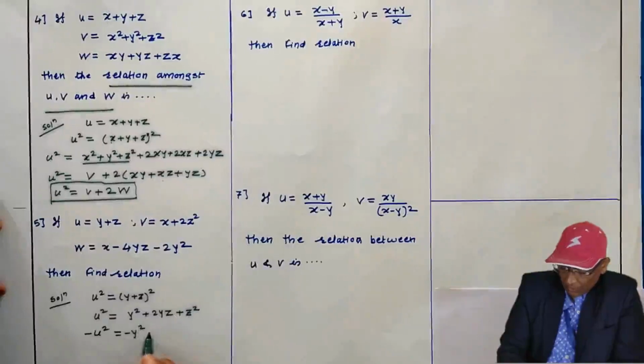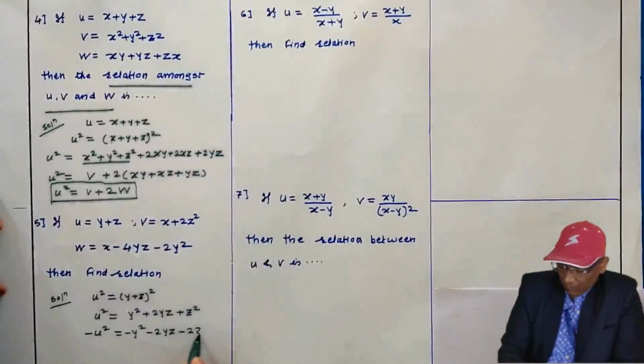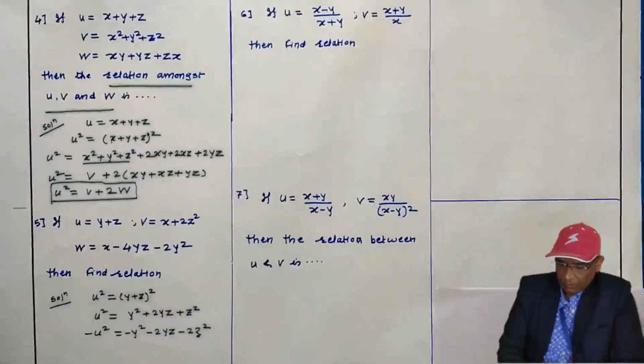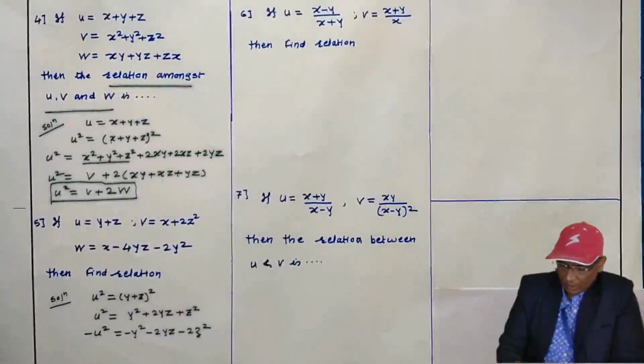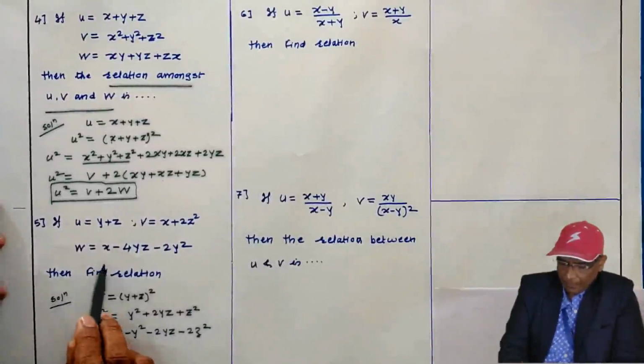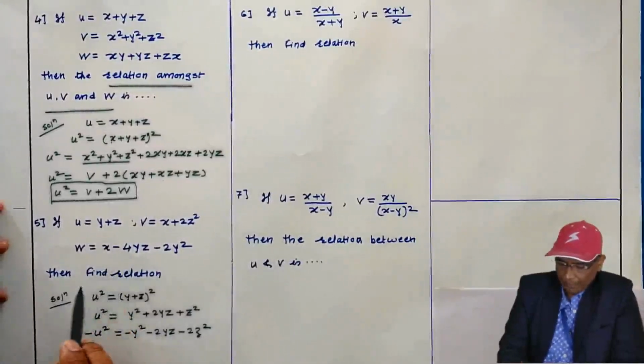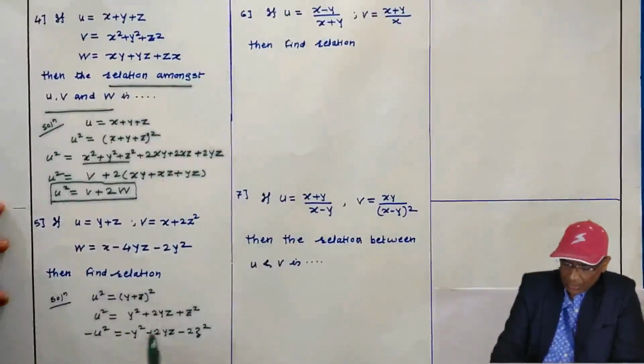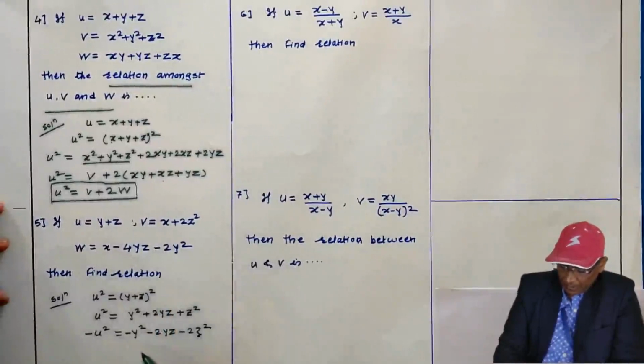Let us check what we get. Now 2z square and minus of u square, I have written; minus y square gets repeated.